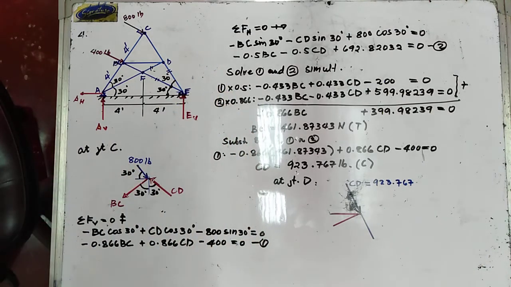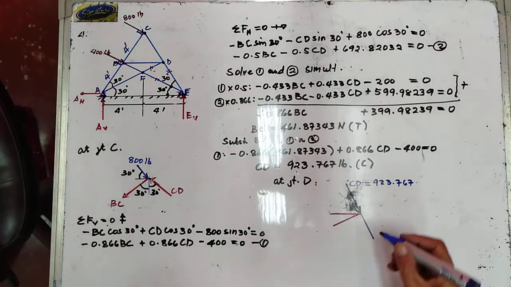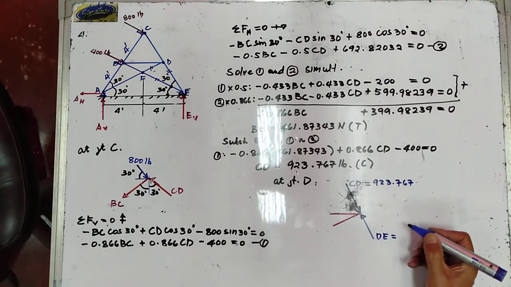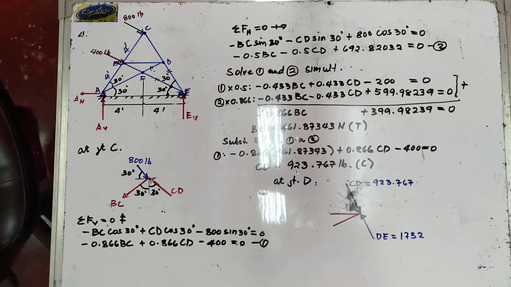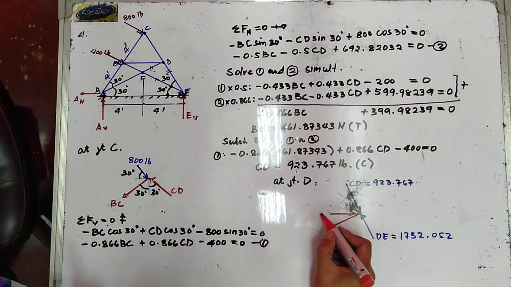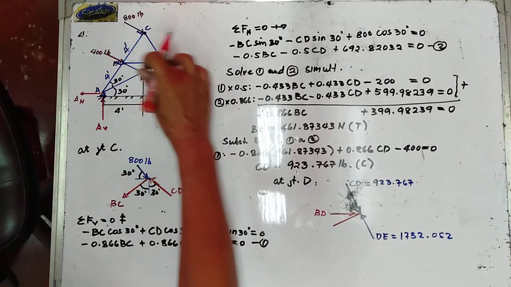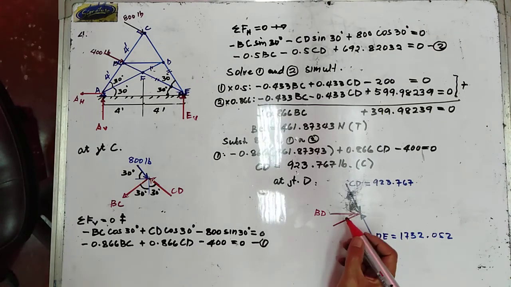And your DE is also in compression, and this is equal to 1732.052. Now, I'm going to assume BD to be in compression. This is your BD. And then we have your DF to be in tension. This is now your DF.